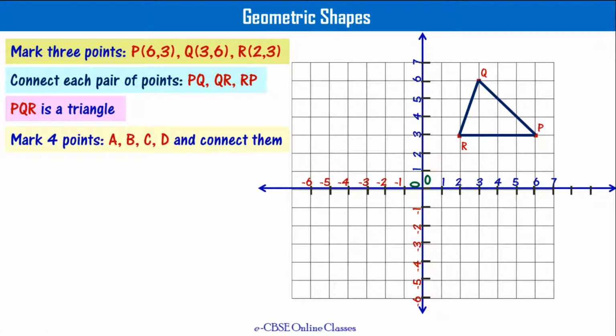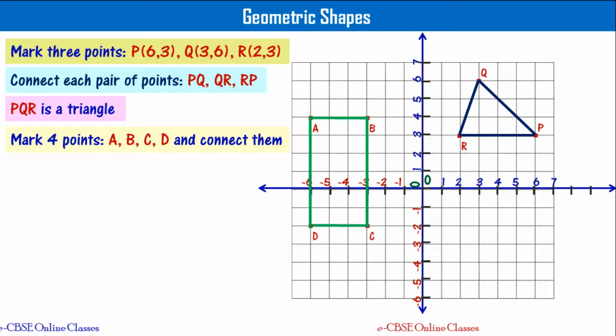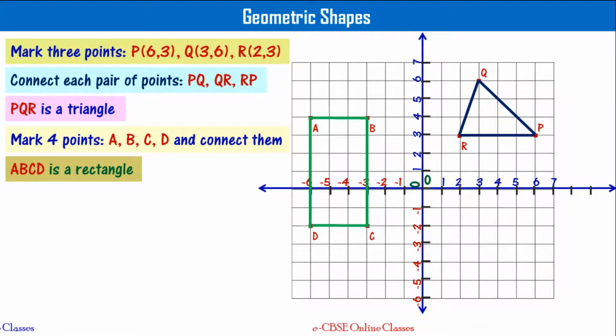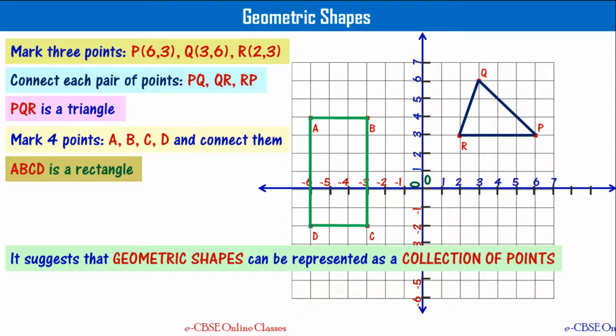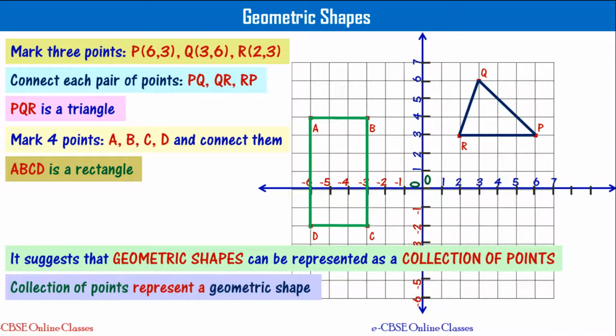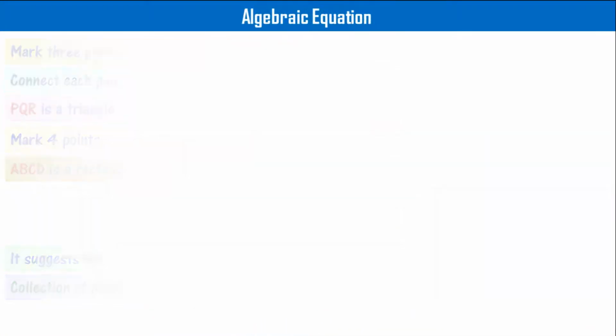Let's mark 4 points A, B, C and D and connect them such that you get a rectangle. Shape ABCD is a rectangle, right? What it suggests is geometric shapes can be represented as a collection of points, or a collection of points can be used to represent a geometric shape. Please take a note of that.